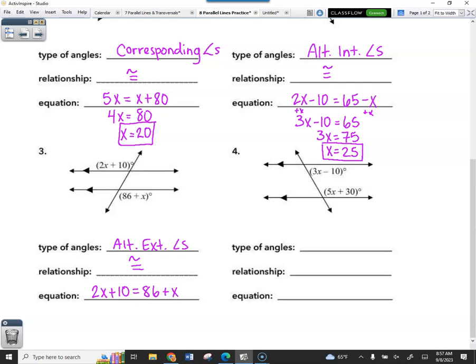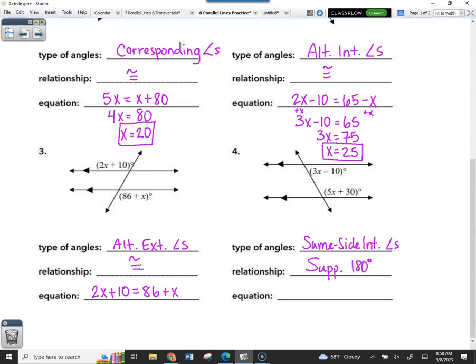What type of angles did you get for 4? Same side interior. Same side interior angles are what? They are supplementary. You can just write SUPP if you want.